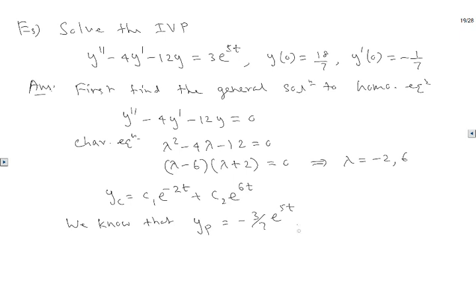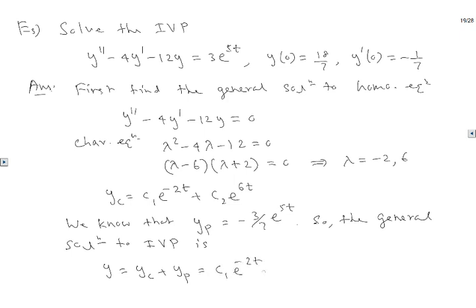Since we know this one, the general solution to the IVP is simply the sum of the two, yc plus yp, which is c1 e to the -2t plus c2 e to the 6t minus 3/7 e to the 5t.